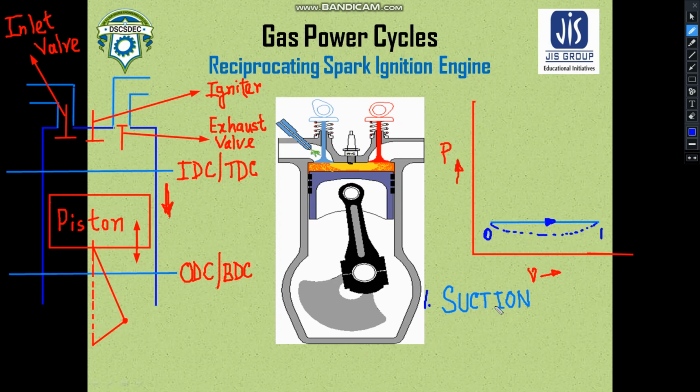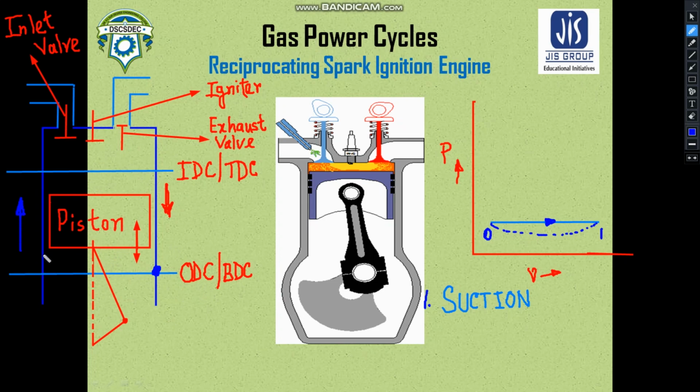Now the piston is at this position, at ODC or BDC, and this cylinder is completely filled up with air fuel mixture. Now the piston will start moving in the upwards direction.